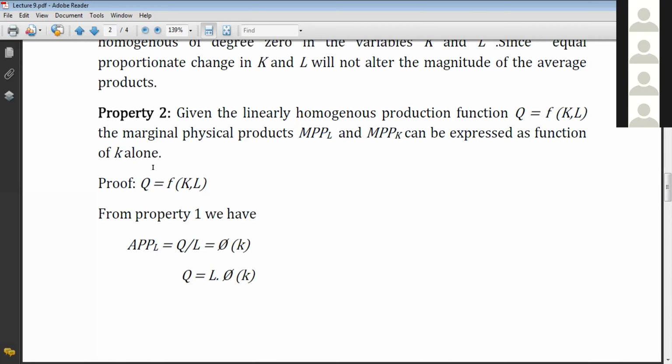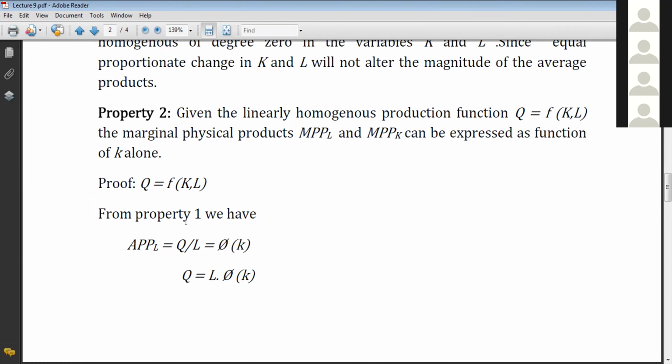Here our given linearly homogeneous production function is Q as a function of K and L. From property 1, the average physical product of labor and the average physical product of capital are functions of the capital labor ratio. Can you remember that?